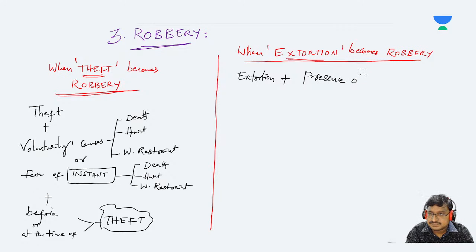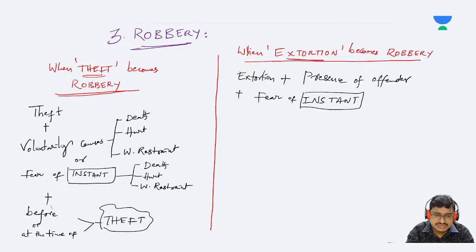Presence of offender and causes fear of instant, friends. These are the three important associated offenses: instant death, instant hurt, instant wrongful restraint, okay?